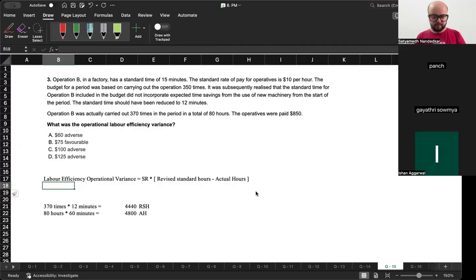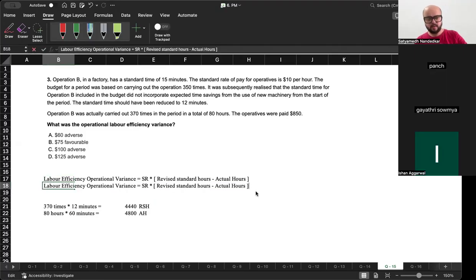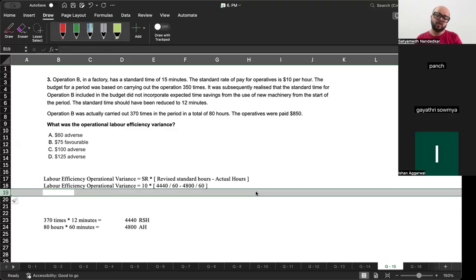So, what will be labor efficiency operational variance? Standard rate. What is standard rate? 10 per hour. है ना? 10 per hour into revised standard hours, 4440 upon 60 minus 4800 upon 60. I used more time than what I actually should have, है ना?